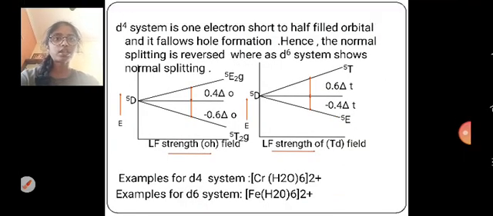The D4 system is one electron short of half-filled orbitals and it follows hole formation, hence the normal splitting is reversed. Here the D6 system shows normal splitting.